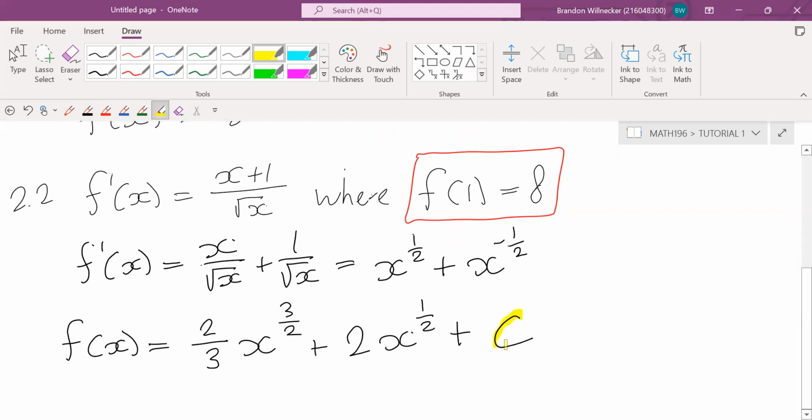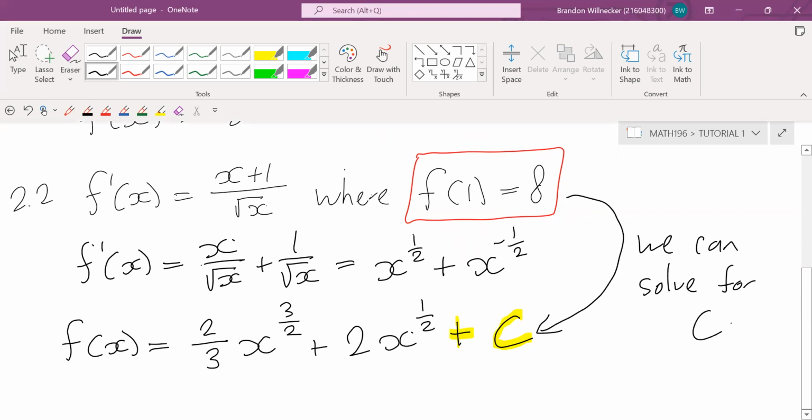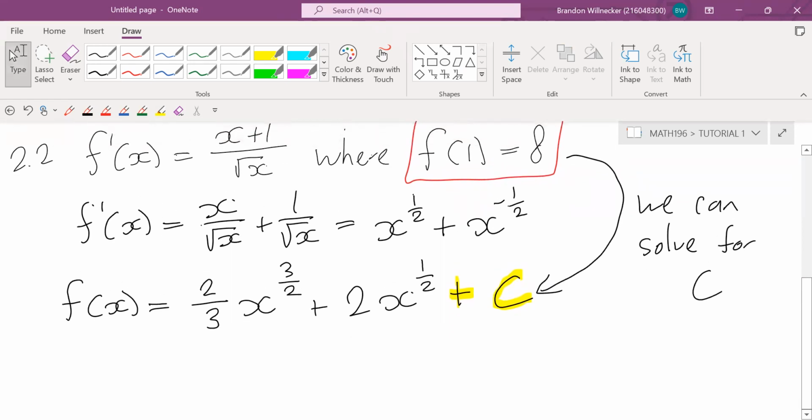But in this case, this plus c is not some arbitrary constant, we can use this information to solve for c. Okay, how do we do that? Well, we substitute in what we know. So we know f of 1 is equal to 8.